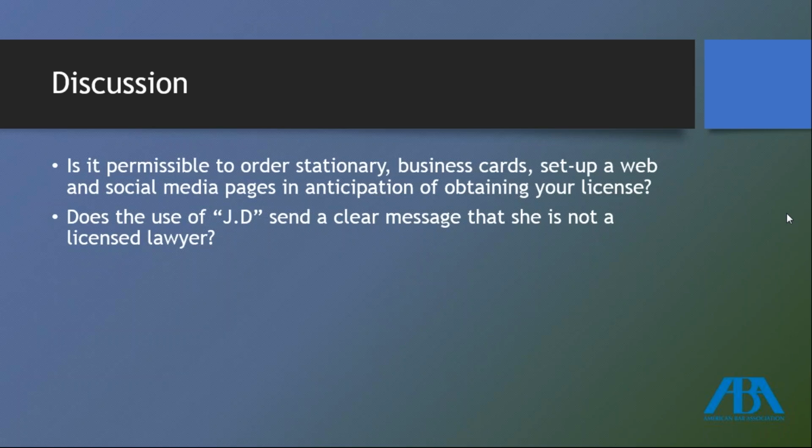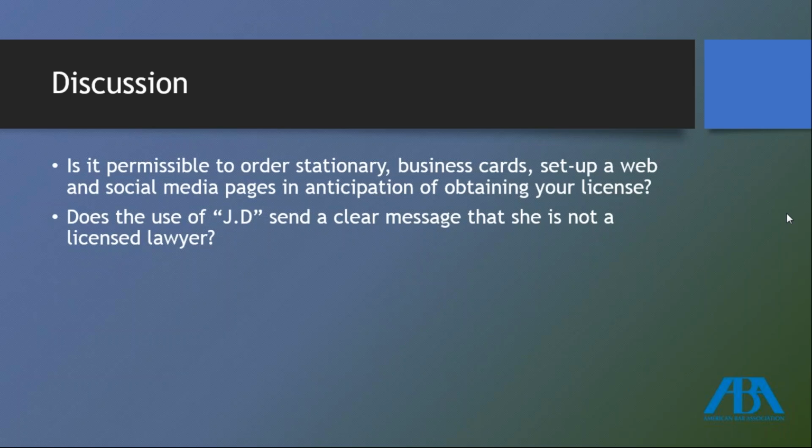The second issue is, does the use of JD send a clear enough message that she is not a licensed lawyer? The answer to that would be no. Using JD is something that many jurisdictions go back and forth about, because technically the person is a law school graduate and they have earned that distinction, they have earned that degree.